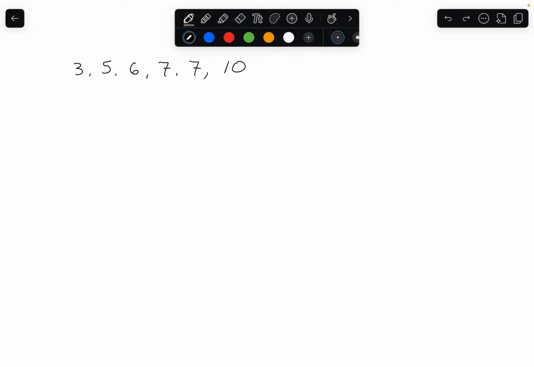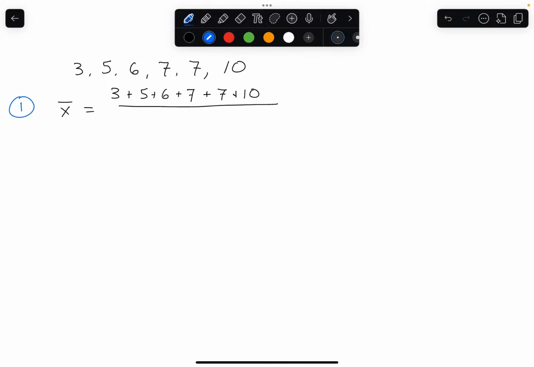Now if you look at the steps right above this video on Canvas, I should have all 6 steps that we're going to follow, and I'm going to try and label these along the way. First step, we need to find the mean of this data set. So I'm going to find x bar, which means we first add up all of our data values, 3 plus 5 plus 6 plus 7 plus 7 plus 10, and then divide by the number of data values that we have.